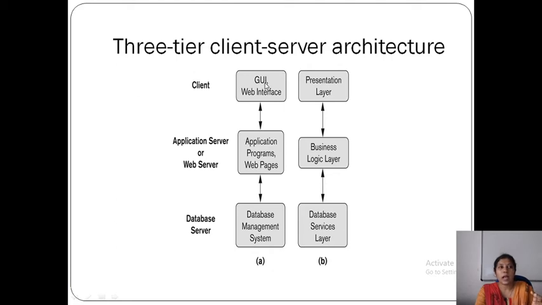Whatever message or request you place at the GUI or interface will be sent to the application program or web server, and there the web server will process it. For processing it will access the database, because you have to fetch some details from the database or store some data into the database server, right? So that's why it will access the database management system.